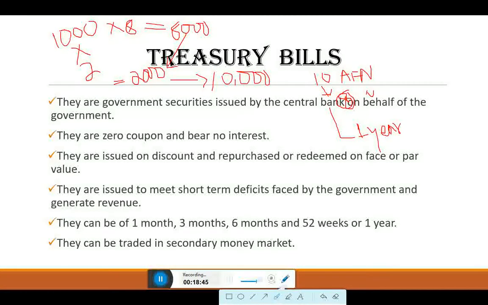They can be traded on the secondary money market. It means if I cannot wait for 1 year, I can sell it on the market, which is called the money market, to someone else who is willing to invest and willing to wait for 1 year.